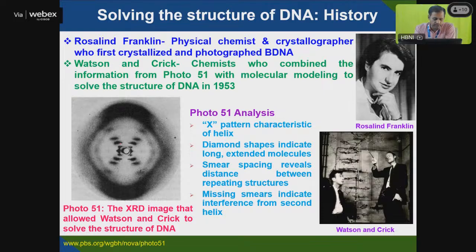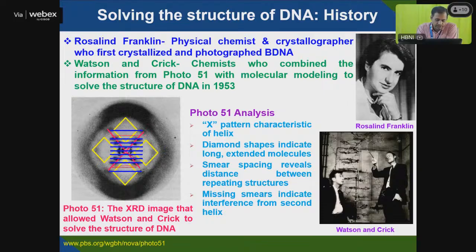Initially you can see that there is an X pattern, and the whole pattern is a diamond shape. Inside the X pattern there are some diamond spaces, and a few lines inside the photograph, and here there is a missing plane.